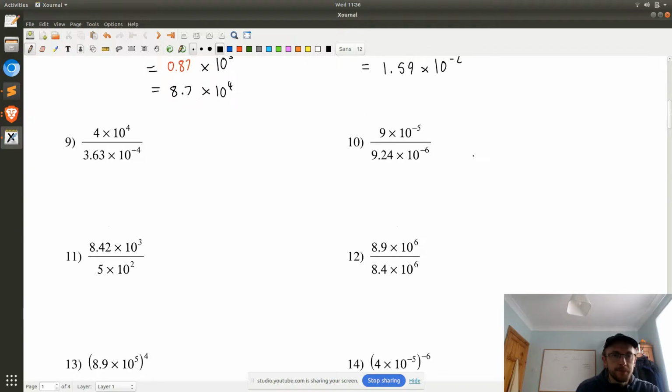Now, what about this one? 4 divided by 3.63. So I'll just give them 3 figures of accuracy.